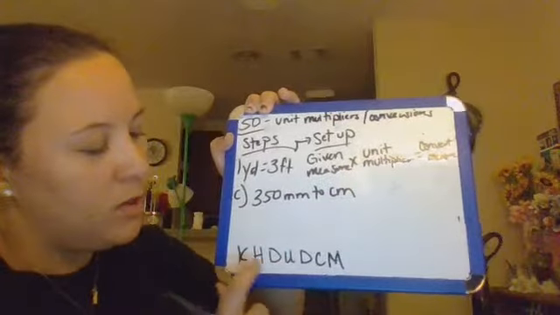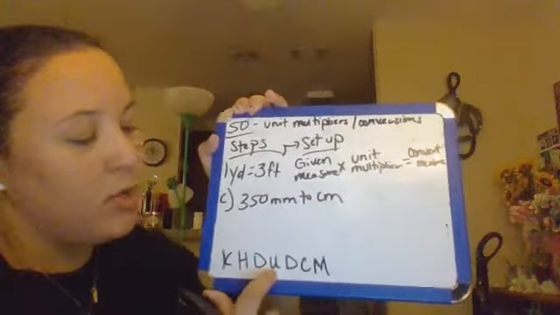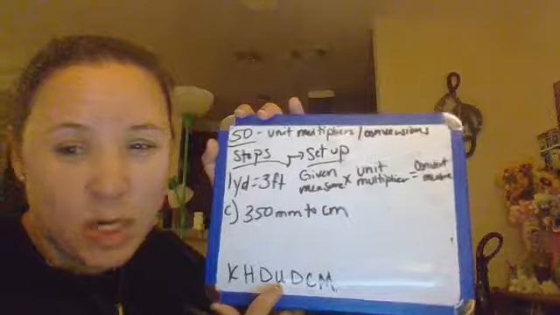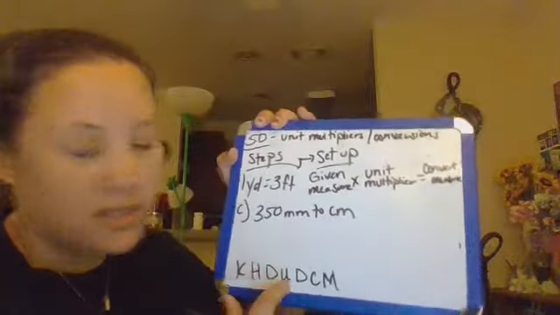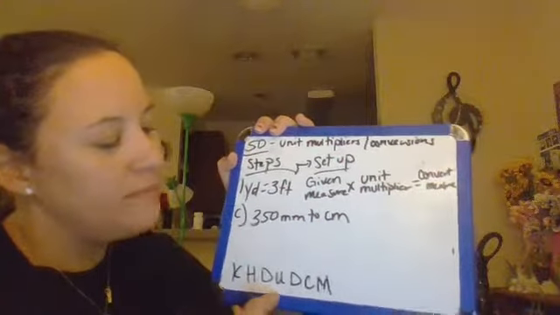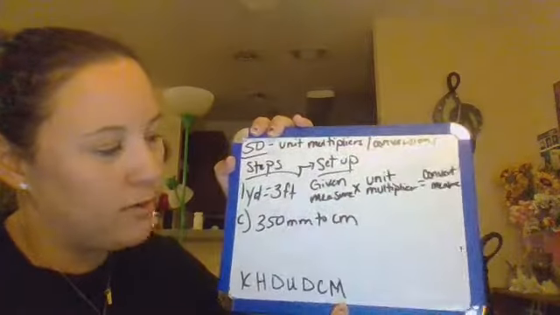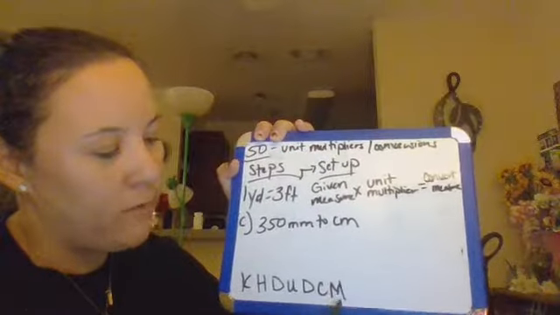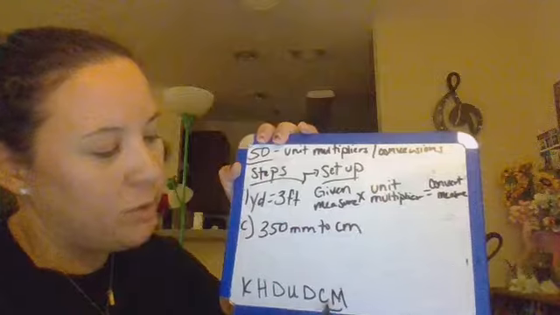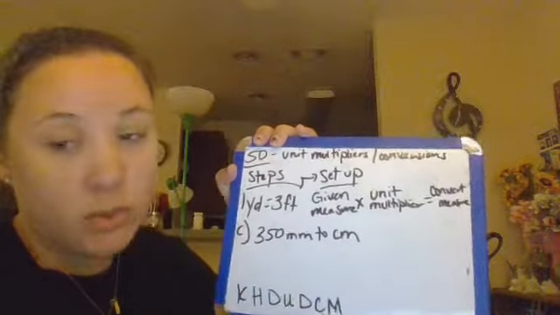So that's kilo, hecto, deca, unit. So that's meters, liters, ounces. It's the basic unit there. And then deci, centi, milli. So we have millimeters down here to centimeters. So we're going from here to here. So we're going from a smaller unit to a bigger unit.